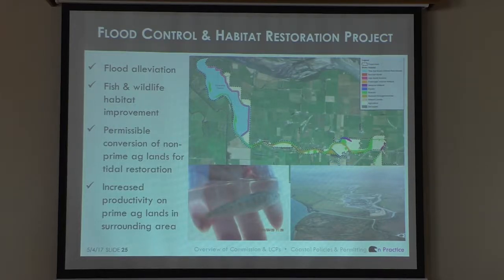And although there was a large conversion of non-prime ag lands on Riverside Ranch, about 300 acres of ag lands in the blue there to restore tidal marsh, those lands were converted for restoration, but they actually served to protect surrounding prime ag lands, 750 acres in the surrounding area, by enhancing the hydraulic capacity of the river to drain.